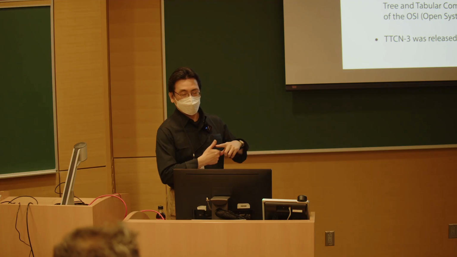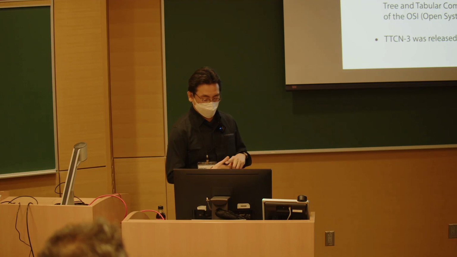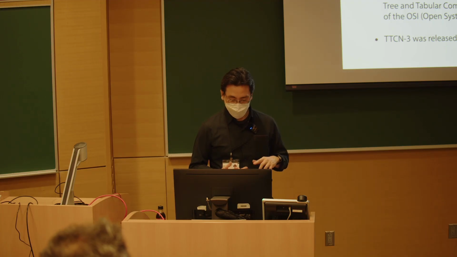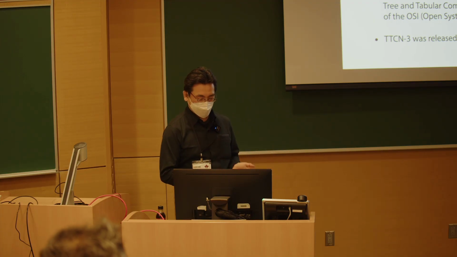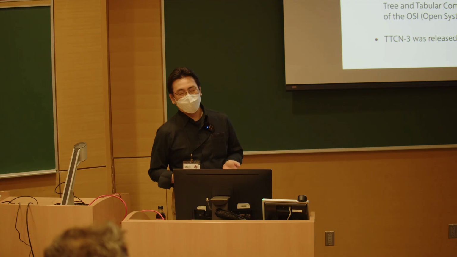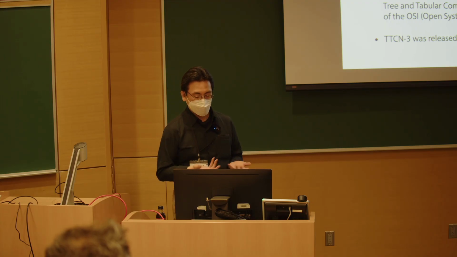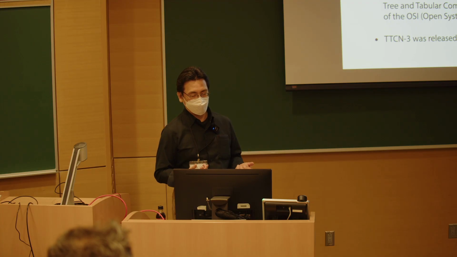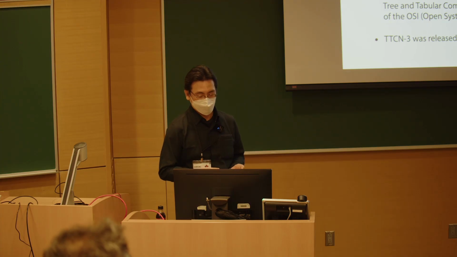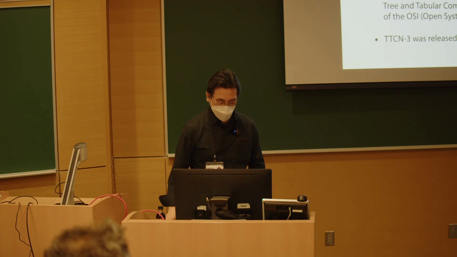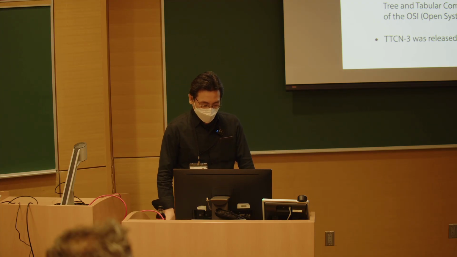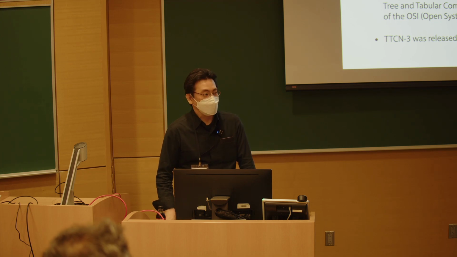So the protocol designer has a specification in the diagram or the table, puts the information into computer software called TTCN, and you can get testing automation by leveraging the software technology. That is the goal, and that is the reason why it was called Tree and Tabular Combined Notation.